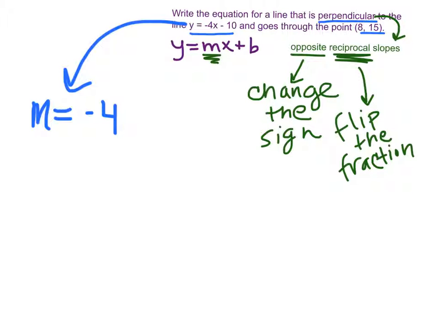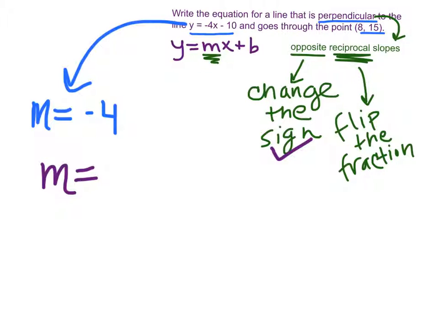Opposite means change the sign. This slope is negative, so we know that the slope of our line is going to be positive. So when I record my slope, I won't put a negative sign. And then I also need to flip the fraction.